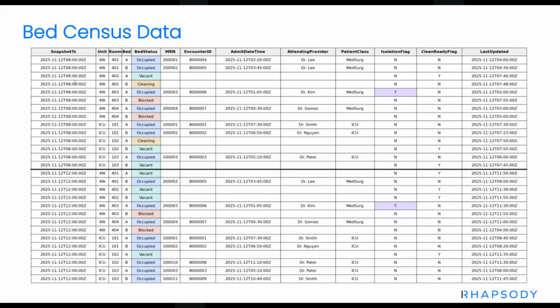We can see the first 14 rows are all this 8 a.m. snapshot, and they're all the 14 beds in our facility. So we have 8 beds in our 4W unit and 6 beds in our ICU unit. Then we have another snapshot starting down here. We can think of this as existing in a database that is our data source for our API and our engine.